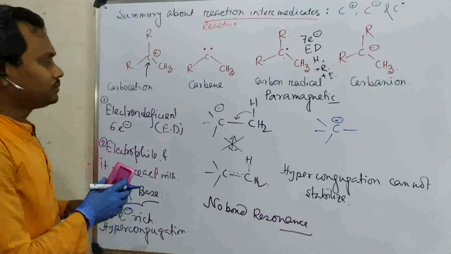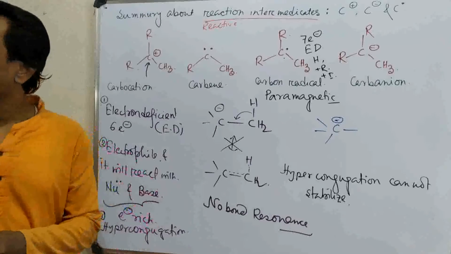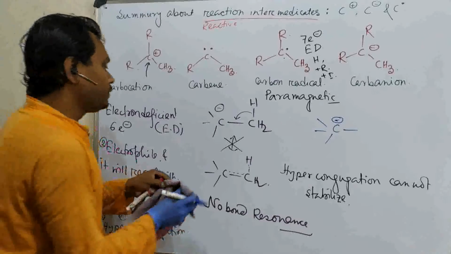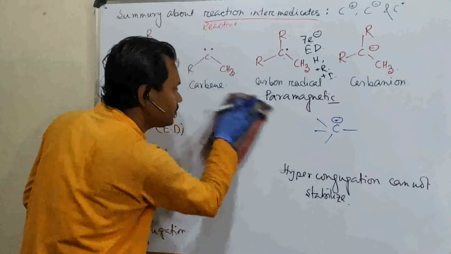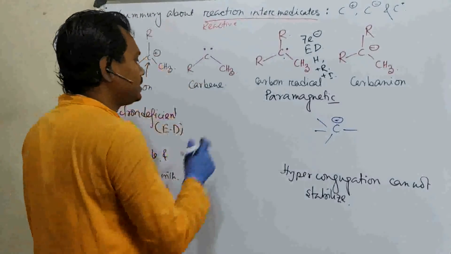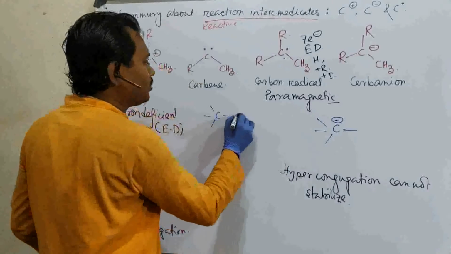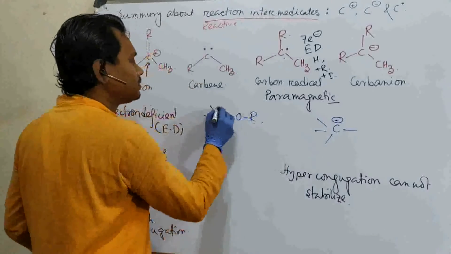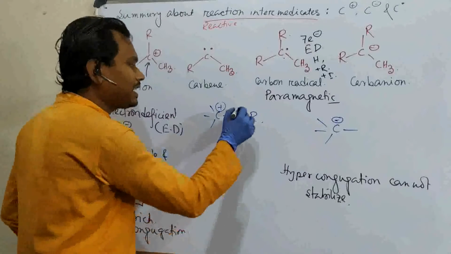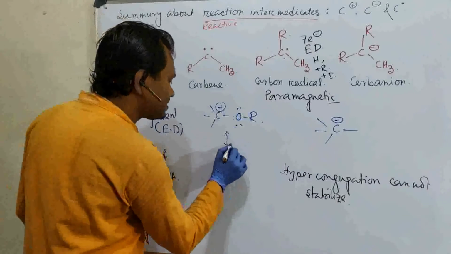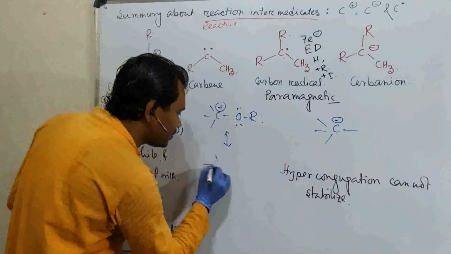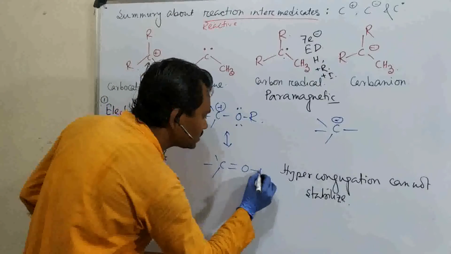For example, if you take a carbocation with an OR group along with this, this is a plus charge. Now what can happen? This lone pair can conjugate and reduce the electron deficiency of this carbon and form this.